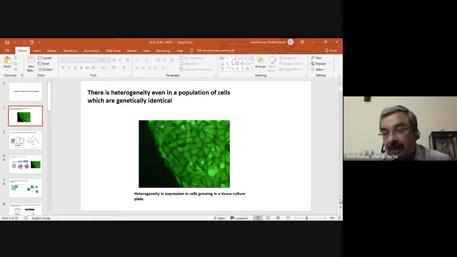Because it is a clonal population, all cells are genetically identical, so we feel that the control of expression of this fluorescent protein, let's say GFP, would be the same in all cells. But still, if you transfect a single cell with a fluorescent protein and gain a clonal population, you find differences in the expression of GFP.